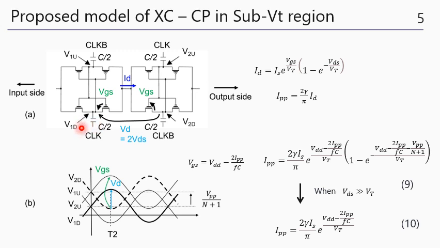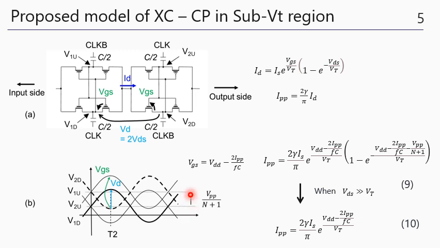So when you focus on the four nodal voltages like this, V1 up and down, and V2 up and down have this symmetrical sinusoid.